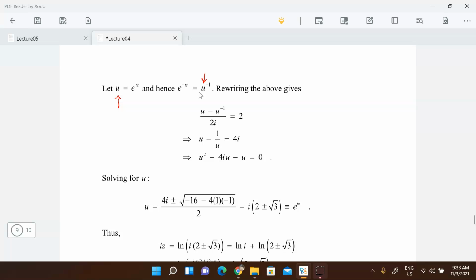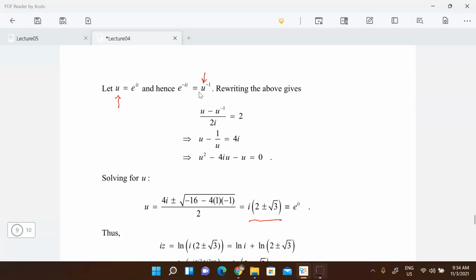So you just simply use the quadratic roots formula, and you'll find that I get my answer to be this. But remember that this is not your z, this is your u. You're solving only for u, which was defined earlier as exponential iz.